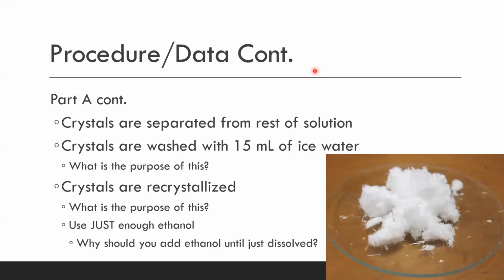Then the mixture will be warmed up, cooled, and vacuum filtered once again. So for your observations, note what ethanol does to the crystals, note any cloudiness in the solutions, and note when the crystals reappear. Okay.